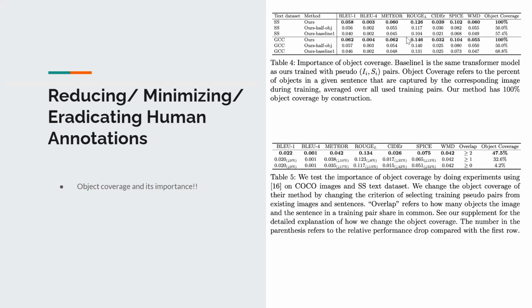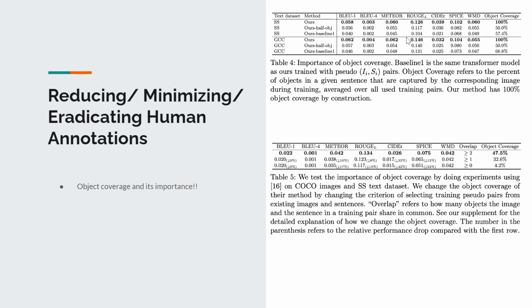Their best coverage was 47.5 when they need to find that one image. But when we reduce their coverage, you see the performance drop by a lot. We're talking about a 32%, 42% kind of drop. Object coverage is very important to unsupervised image captioning.